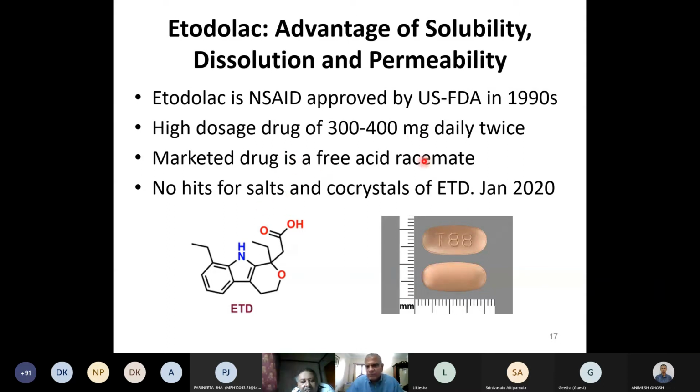And twice daily, if a patient has to take such a huge tablet, compliance is always an issue. And those who are unwell find it very difficult to swallow large tablets. And so therefore, improving the pharmacokinetics or solubility and permeability of such drugs is always more important than for those for which the dosage is low, because the tablet size would generally be much smaller.